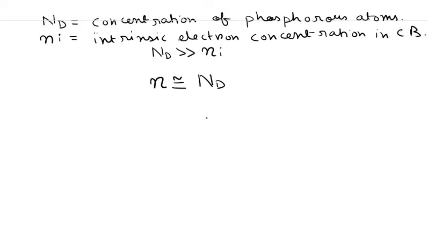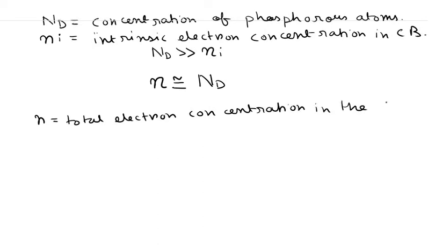Okay, so this N is the total electron concentration in the conduction band.